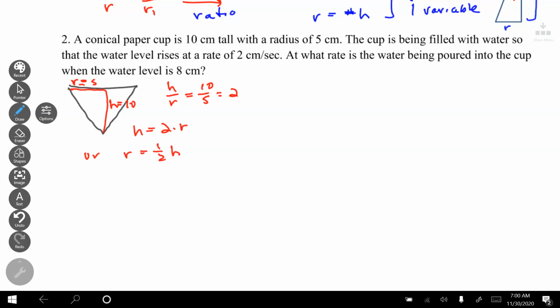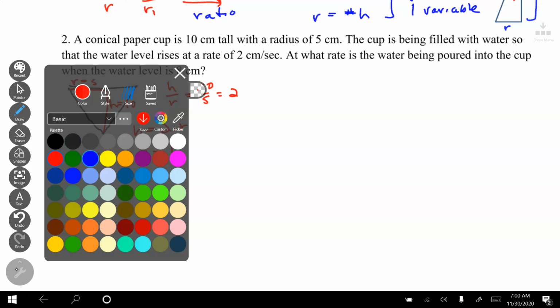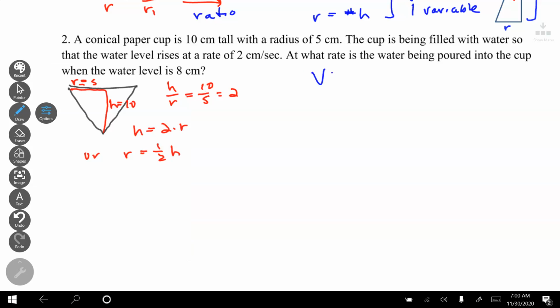I'm going to use that later, because my equation for my volume is, which I gave you earlier, pi r squared h. Okay? Now I have to pay attention to what I'm looking for. I have the water level rises at a rate of 2 centimeters per second.